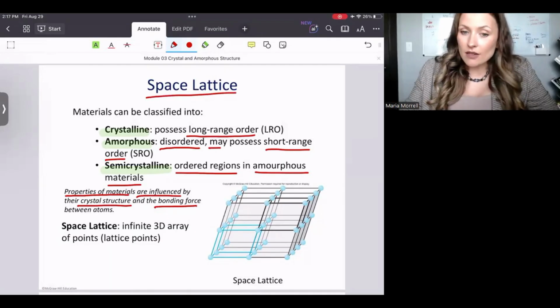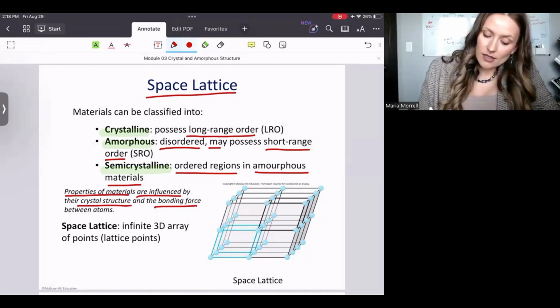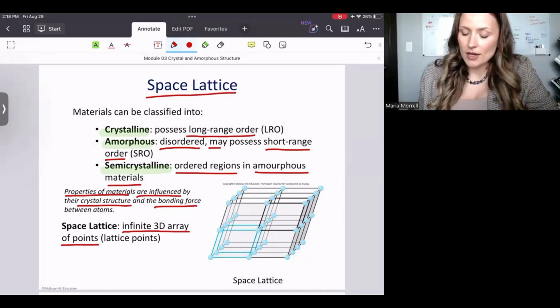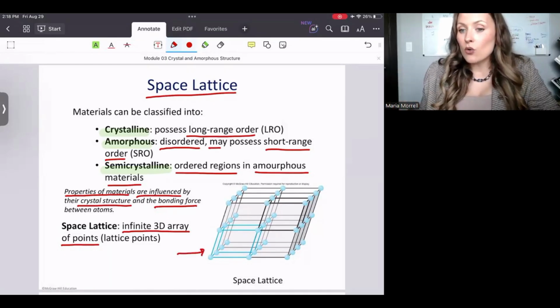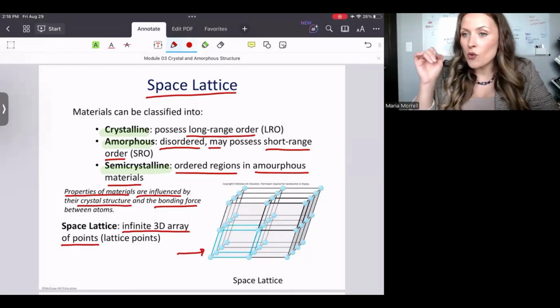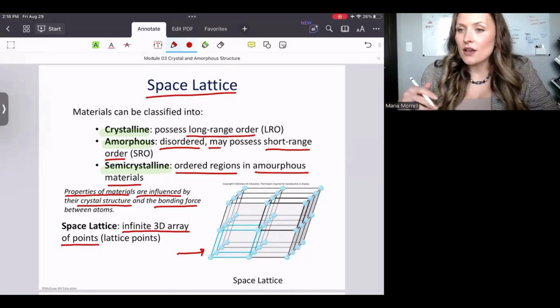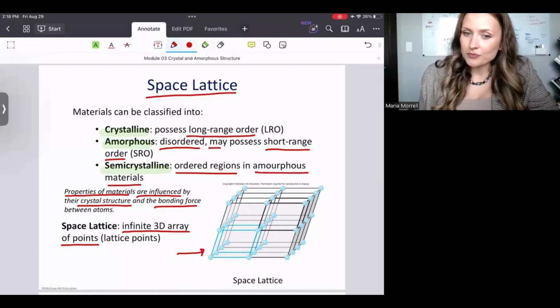And by definition, space lattice is the infinite 3D array of points or lattice points. And this is exactly what you see depicted at the bottom right corner. All of those points, or perhaps spheres, this is an approximation of an atom.